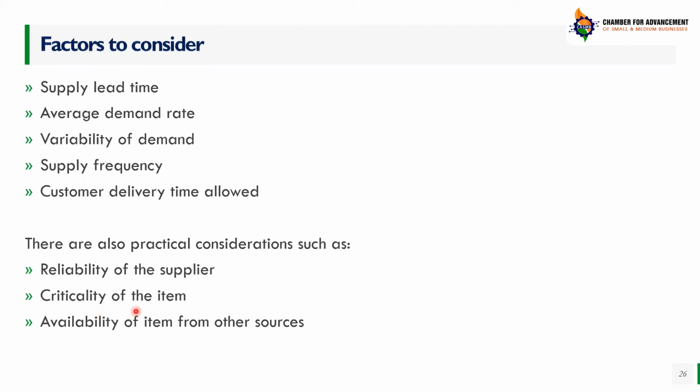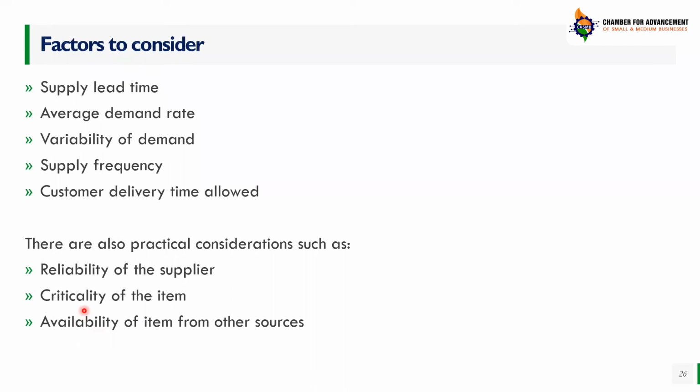Then criticality of the item, like if you don't have say preservative for the production, then you cannot take the production batch. So then that is a critical item. But sometimes, like salt. If you don't get Tata salt, you can use some other salt. That is okay. So then that's not a very critical item, and you can get it easily. Then criticality is lower for that item.